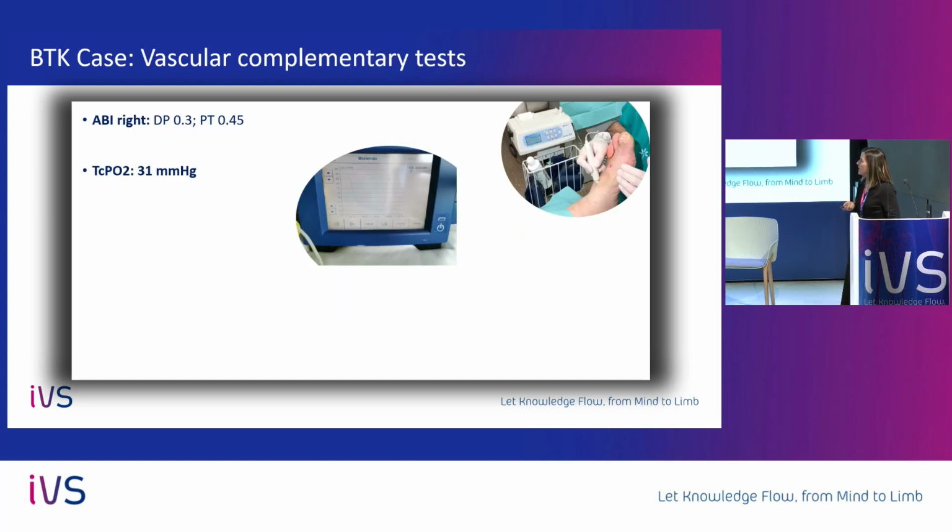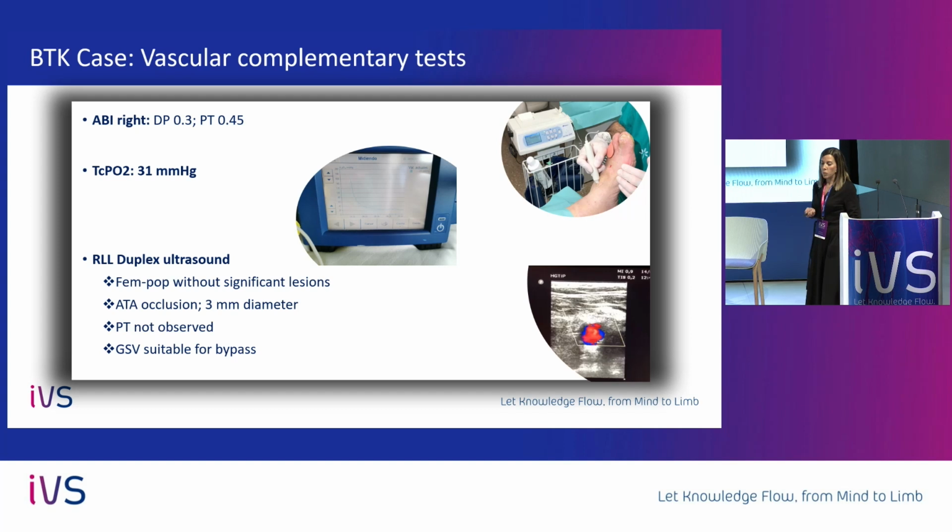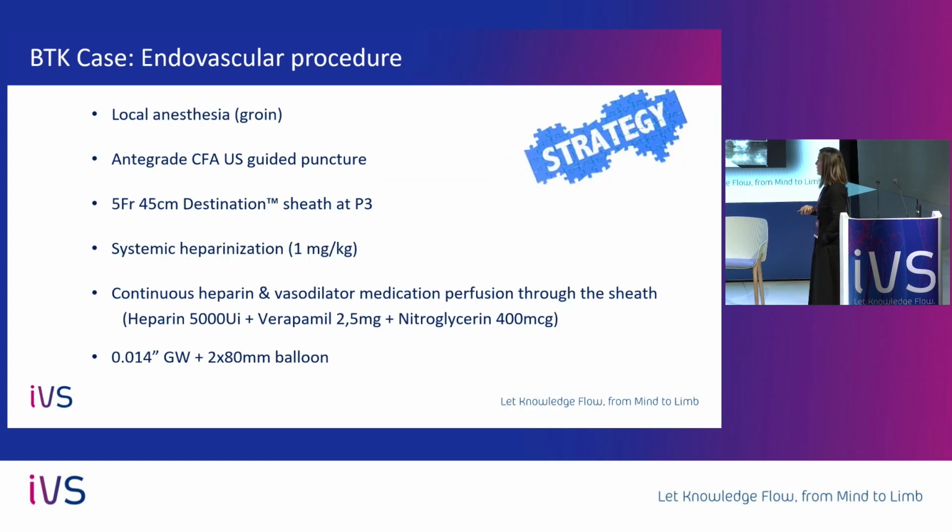You can see that TcPO2 was 31, close to the white lesion. The femoropopliteal segment was perfect, with no lesions. At the distal area, we could see an anterior tibial occlusion with a diameter of 3, and also an occlusion of the posterior tibial artery, but the great saphenous vein was okay for a bypass.